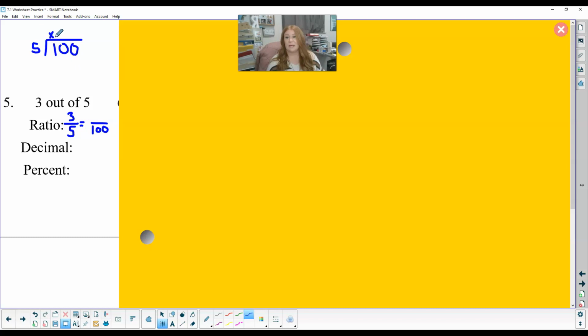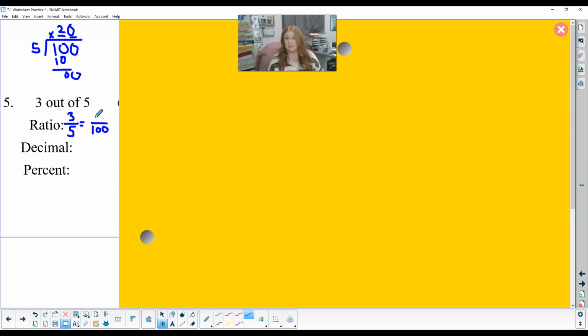It can't go into 1, so how many times does it go into the 10 and the 0, to see how did I get from 5 to 100. So that goes in there 2 times, which is 10, bringing down the 0, 5 goes into 0, 0 times. So to get from 5 to 100, I had to multiply it by 20.